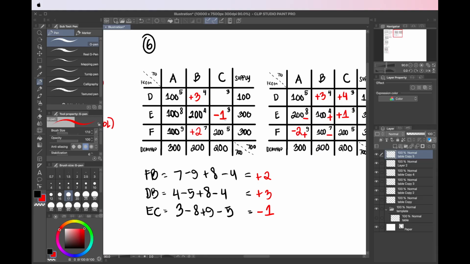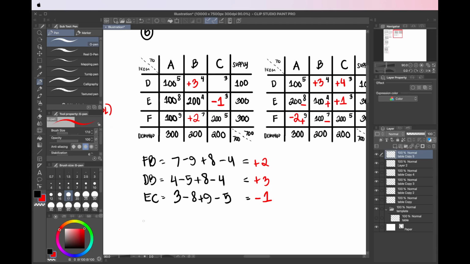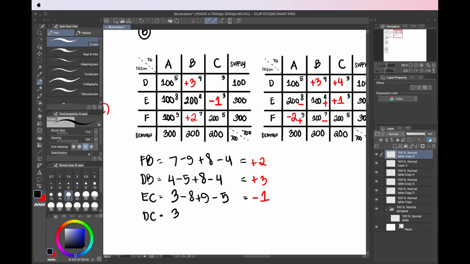Okay. So, moving on. Let's get the improvement index for DC. So how would we do this? It would be go here to this cell, and then go to this cell, back here, and finally back, a closed loop.